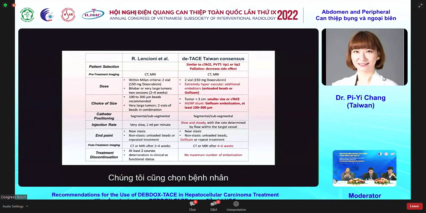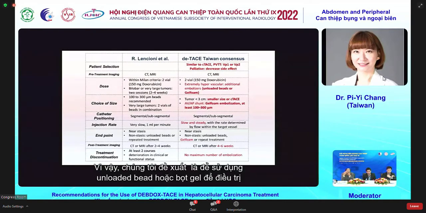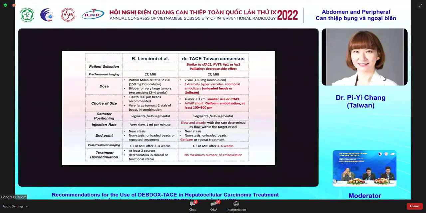We also choose patients to undergo palliative treatment to decrease side effect. For the dose, sometimes we cannot reach near stasis, so we suggested to use unloaded beads or gel foam to treat the extremely hypervascular tumors based on our experiences.